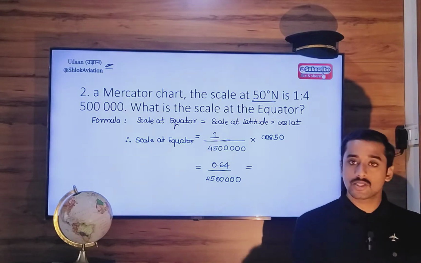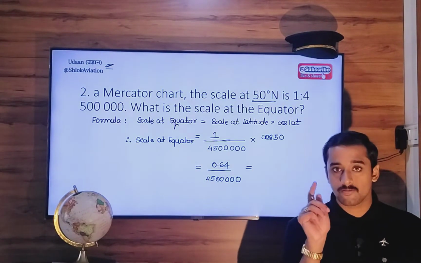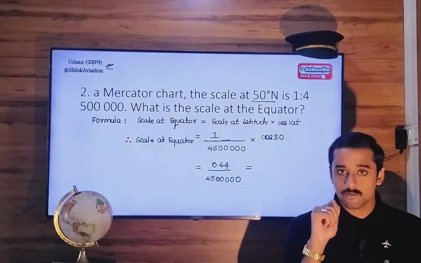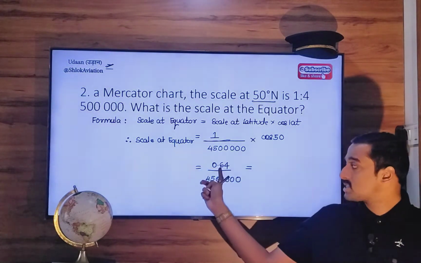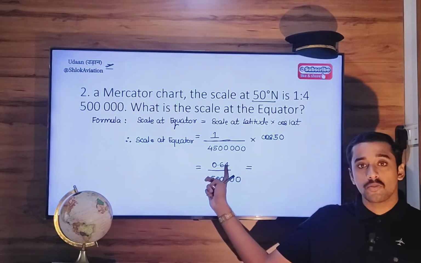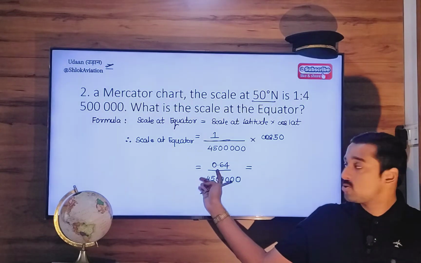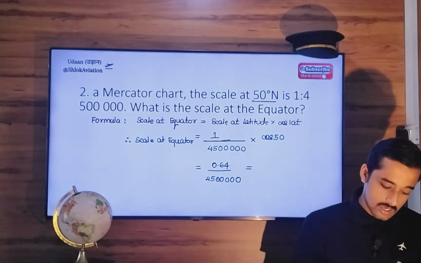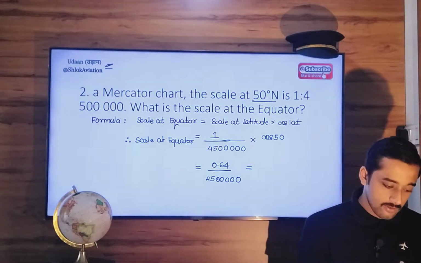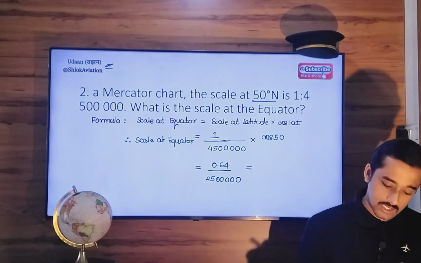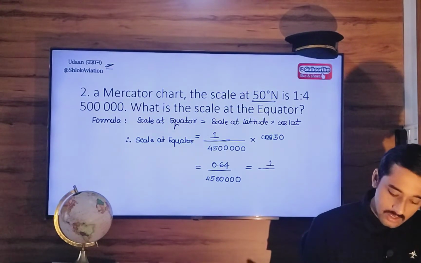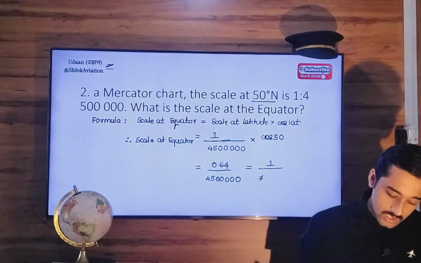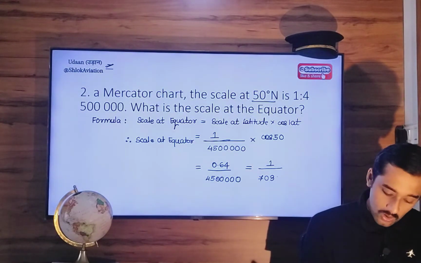Now to find out scale, we always need the number 1 in the numerator, right? So now we have 0.64 in the numerator. To bring number 1 in the numerator, we will have to divide both numerator and denominator by 0.64. So 45 lakh divided by 0.64 is 1 divided by 7031250.